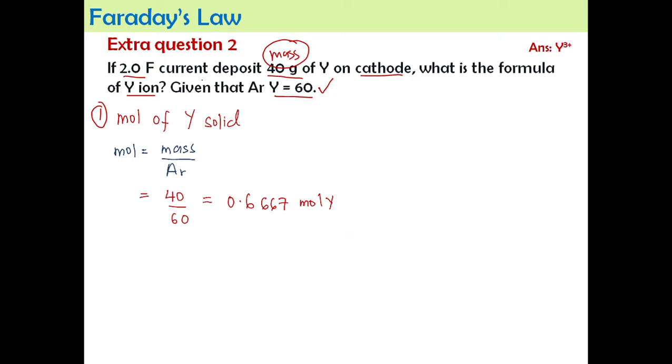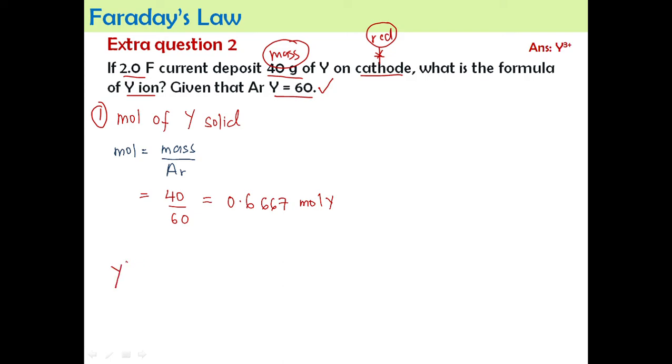Okay, what is our second step? Walaupun kita tak tahu dia punya charge apa, metal dia pun kita tak tahu apa, tapi kita tahu dia berlaku di cathode. So, bila berlaku di cathode, dia adalah melibatkan reduction. Okay? So, kalau reduction, let's say that kita tak tahu charge dia apa, so kita letak X dekat sini.